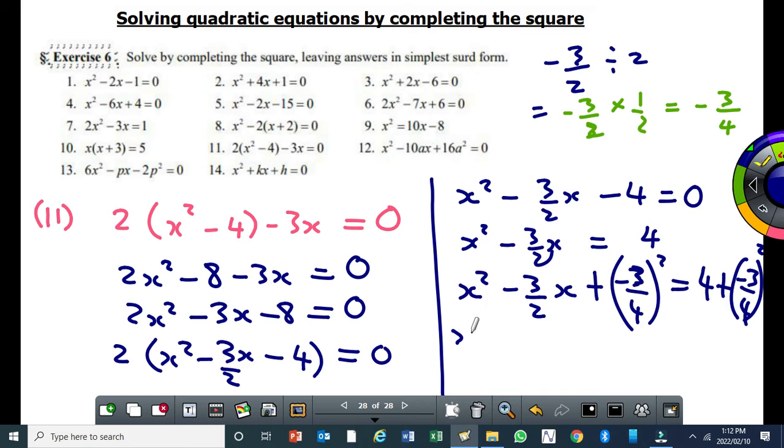So this becomes x squared minus 3 over 2x plus 9 over 16 is equal to 4 plus 9 over 16.